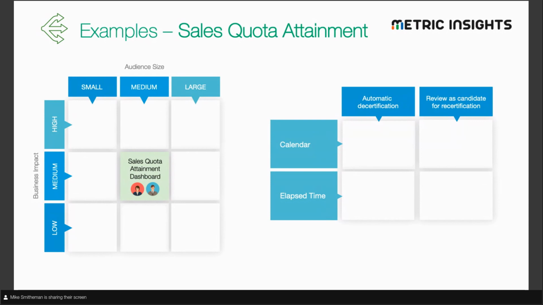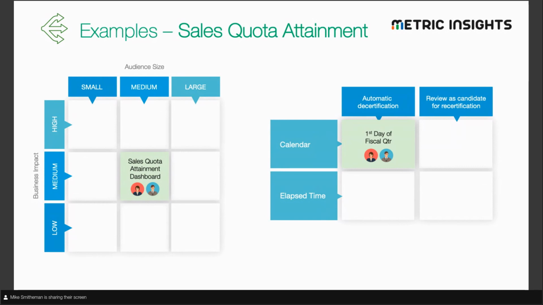So you would want the BI analyst together with a business owner working together on that certification process. And for this kind of object, you also probably want a calendar-based recertification process, right? Because your sales rules for commissions change every single quarter.